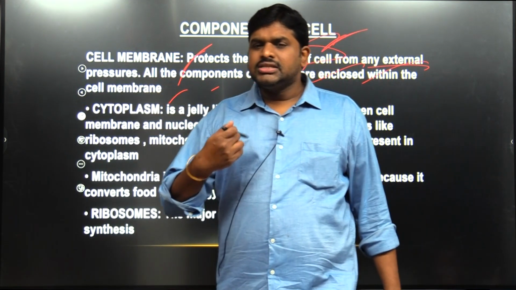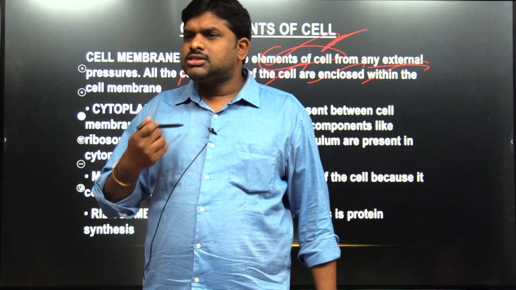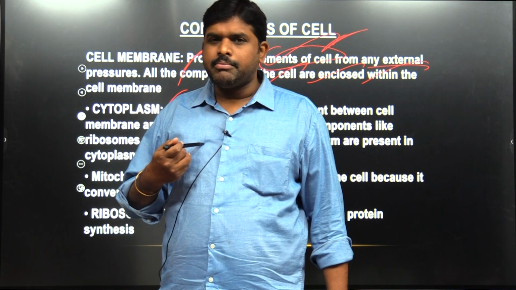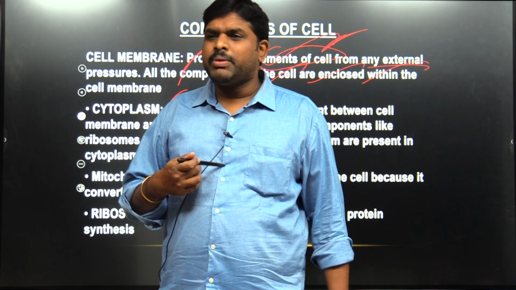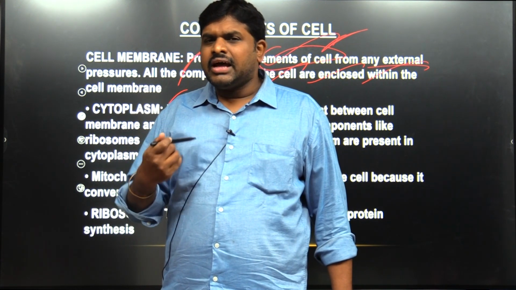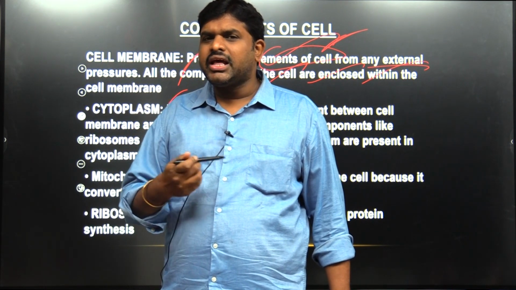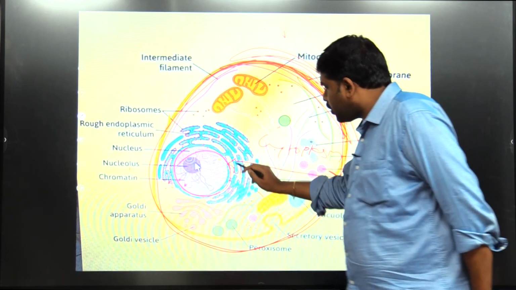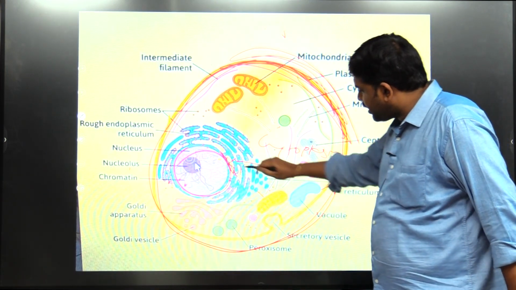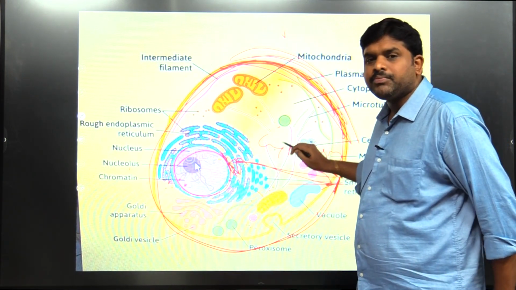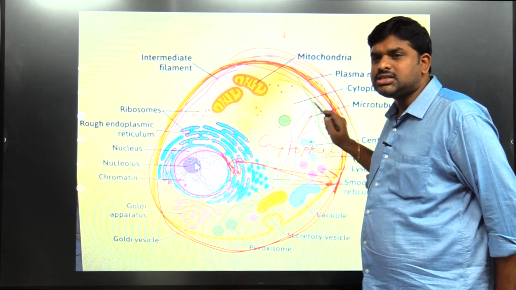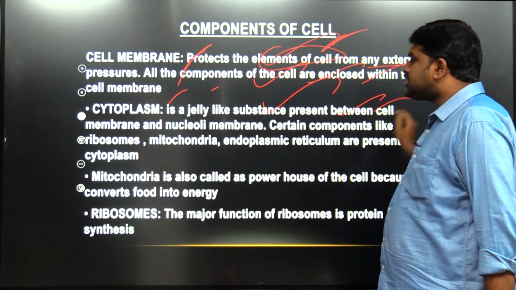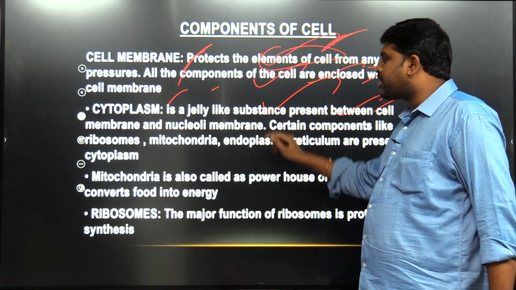Cytoplasm. Inside the cell there is the nucleus, enclosed by the nuclear membrane, and the cell is enclosed by the cell membrane. The space between the nuclear membrane and the cell membrane is filled by a jelly-like substance called cytoplasm.